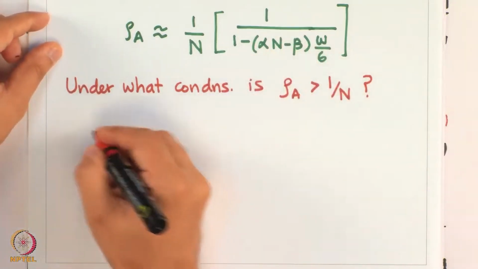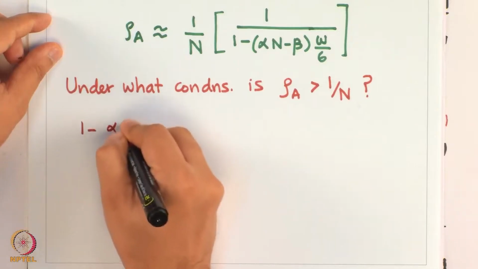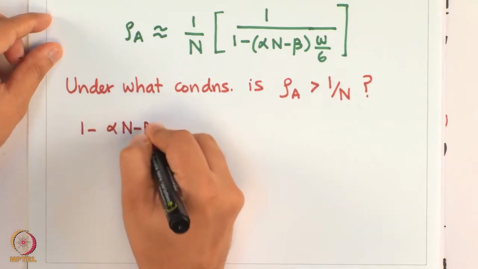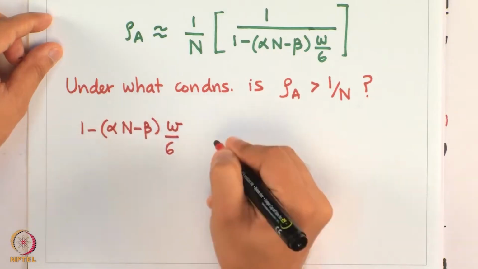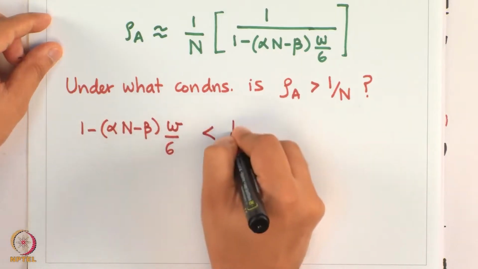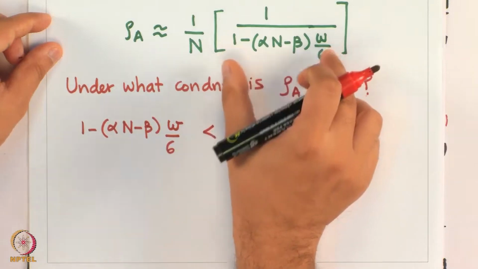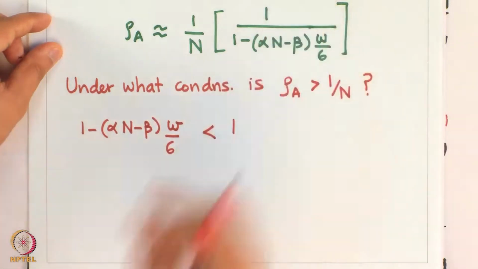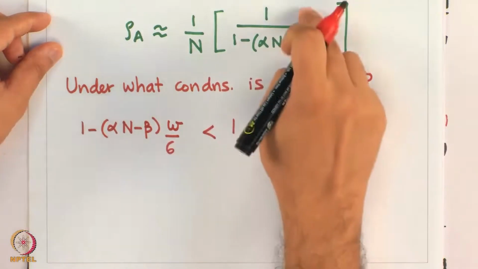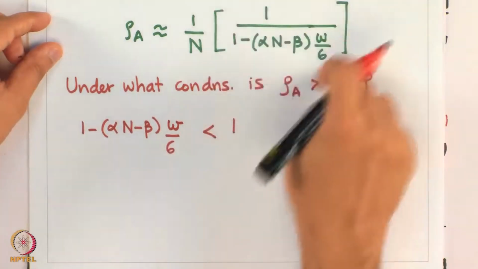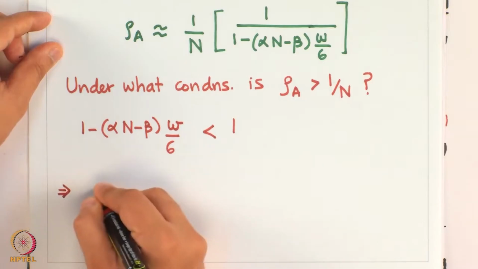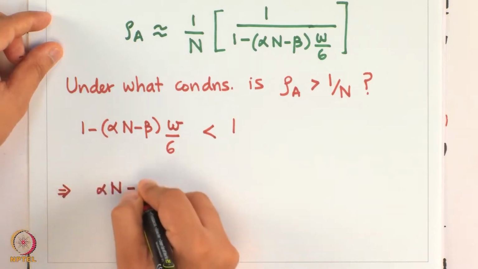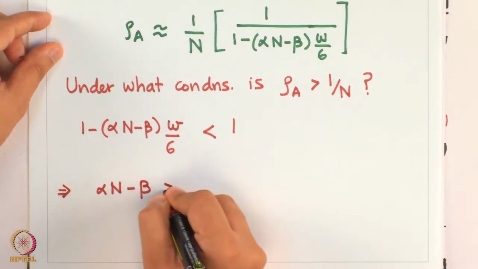So this will be true if 1 minus alpha n minus beta times omega by 6 is less than 1. If the denominator is less than 1, then we have 1 divided by a number less than 1, so the whole expression becomes more than 1. And this will be true if alpha n minus beta is greater than 0.